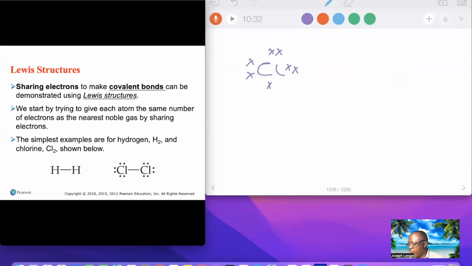And then we have another one here, Cl, 1, 2, 3, 4, 5, 6, 7. If they form a bond such as this, Cl, the shared electrons here are in a different color.